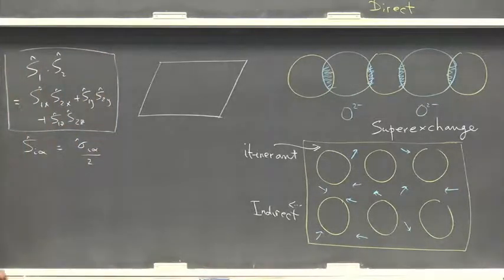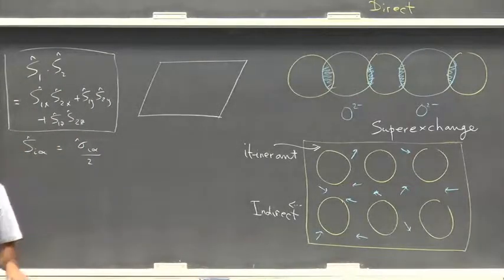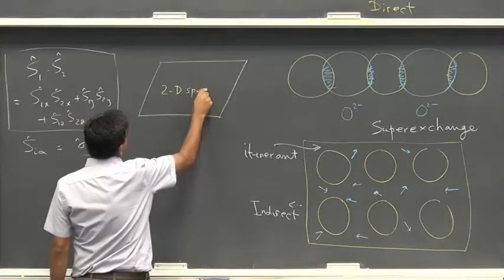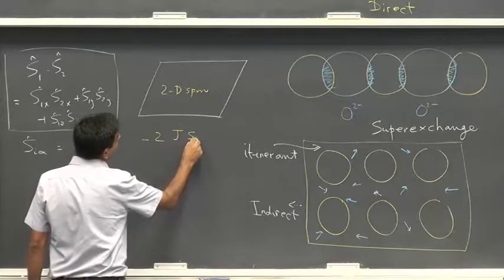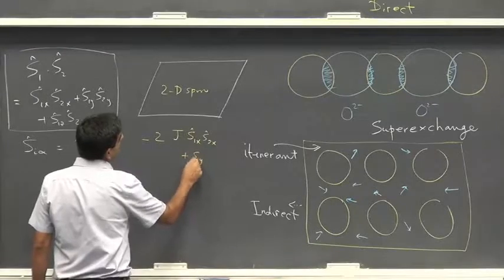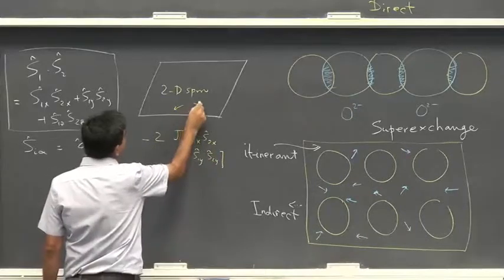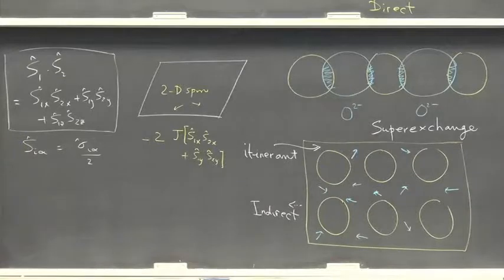It's always there. So now if you have your spins, which are confined to have the spin moments lying in a plane, in the xy plane, then the exchange interaction for this 2D spin system becomes minus 2J times S1x S2x plus S1y S2y. There are no z components because the spin moments are confined to lie in the xy plane. Okay. So this is also the exchange interaction.